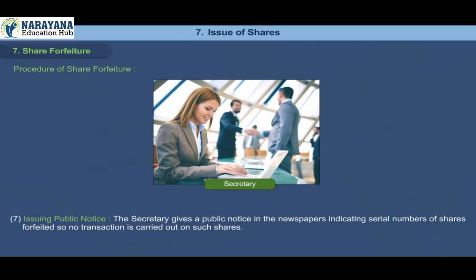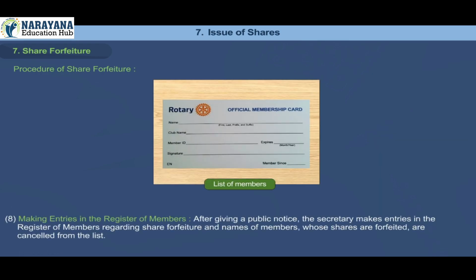The secretary gives a public notice in the newspapers indicating serial numbers of shares forfeited so no transaction is carried out on such shares. 8. Making entries in the register of members. After giving a public notice, the secretary makes entries in the register of members regarding share forfeiture and names of members whose shares are forfeited are cancelled from the list.